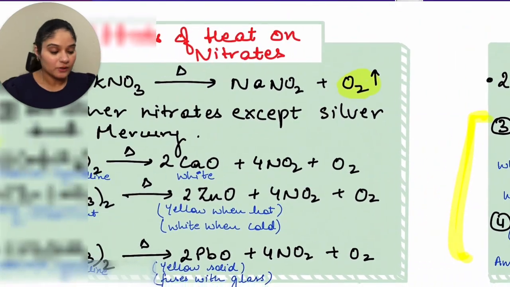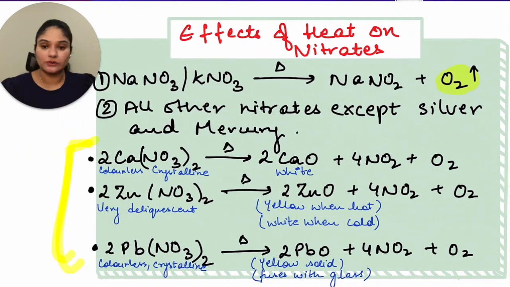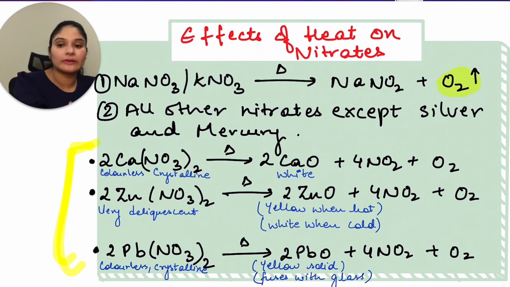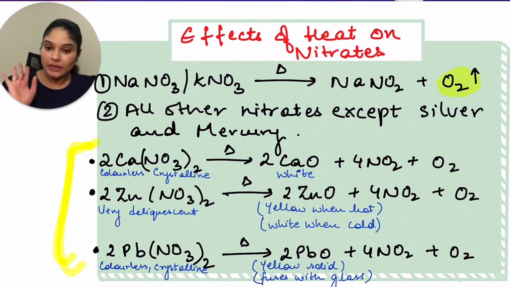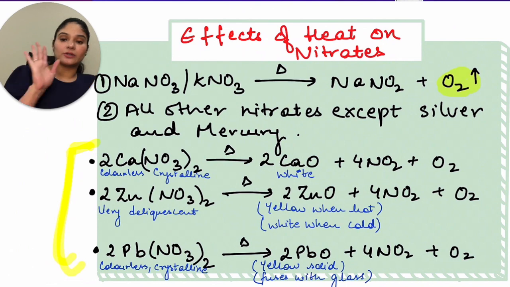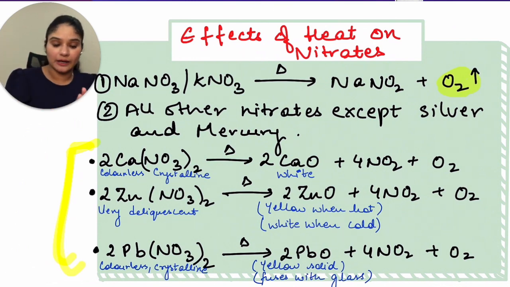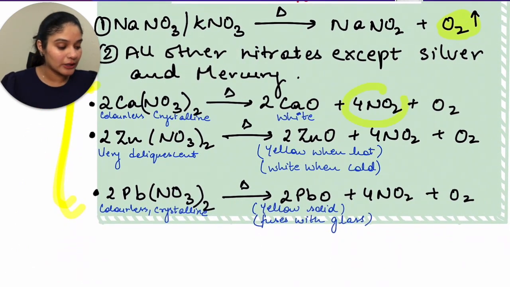Pay attention very closely on this. If you have sodium or potassium, you will get a basic compound, that is NaNO2, along with oxygen coming out. Then except silver and mercury. So 4 exceptions you have to remember: sodium, potassium separate, silver, mercury separate. Any other nitrate will give you nitrogen dioxide along with oxygen.